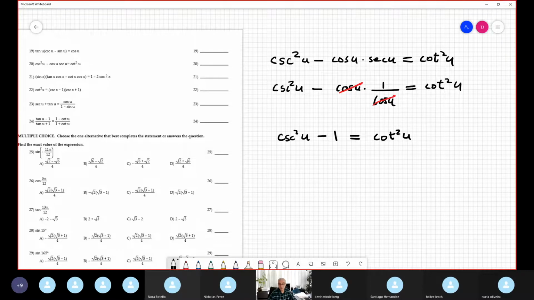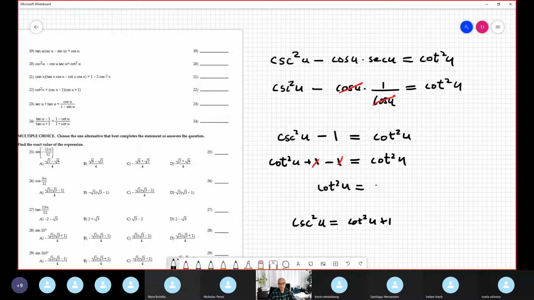So I refresh your memory of the Pythagorean identity. I copy exactly the way that you see in the cheat sheet, that cosecant square is equal cotangent square plus 1, or 1 plus cotangent, doesn't matter. And you replace, no cosecant square anymore, it's cotangent square u plus 1 minus 1 equal cotangent. This and this say goodbye, cancel out, and then cotangent square equals cotangent square.